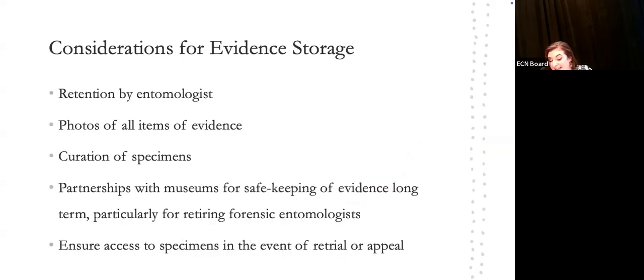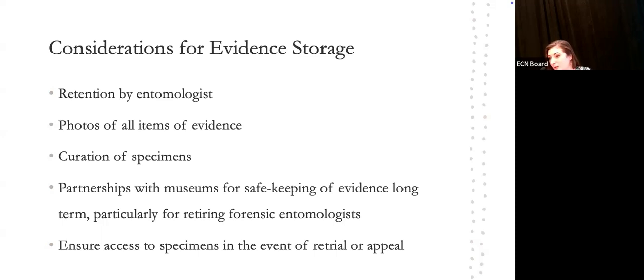So the reason I'm here today is I kind of want to make a pitch. I think that this is the greatest group to be able to do this. I think that the future of forensic entomology, to be able to retain our evidence to be used for future appeals, for potential wrongful convictions, or some of these unresolved cases that haven't yet had any leads, we have to have a policy in place to be able to retain them and make sure that they stay with entomologists, to make sure that we have photos of all of this information, that these specimens are properly curated and databased.